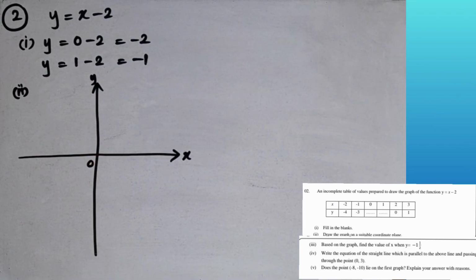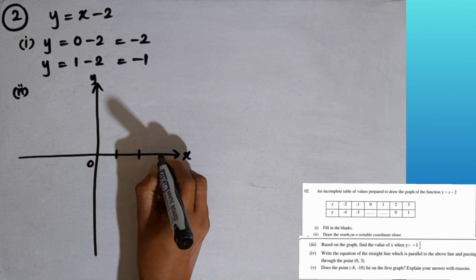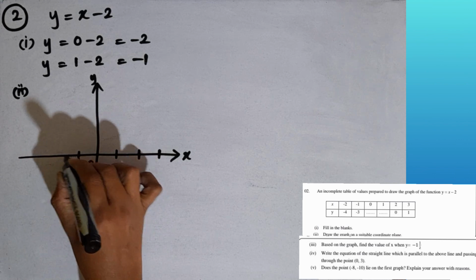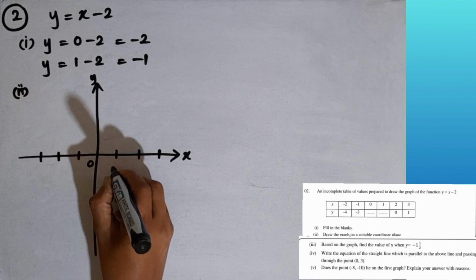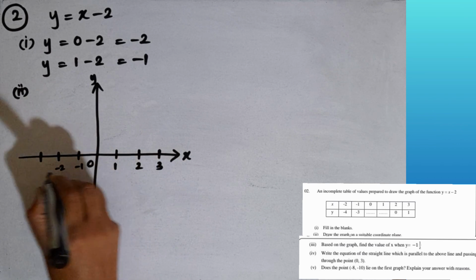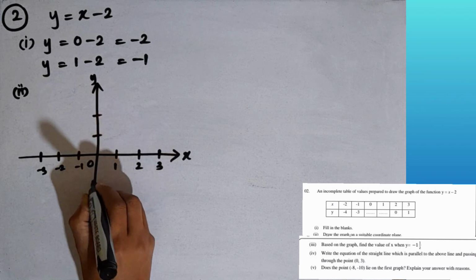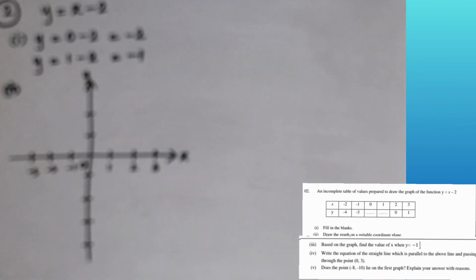And 0, 1, 2, 3. Then minus 1, minus 2, minus 3. Here 1, 2. Minus 1, minus 2, minus 3, minus 4.